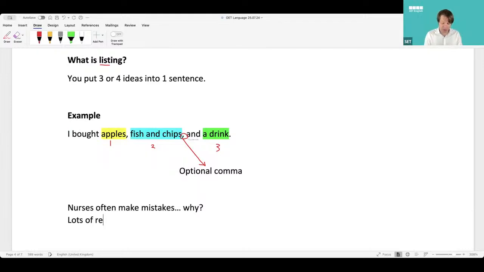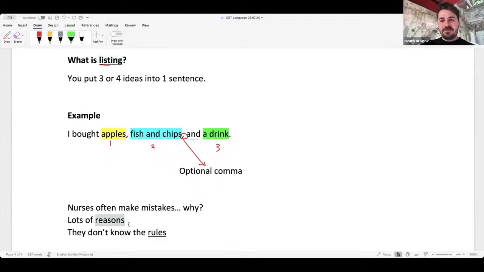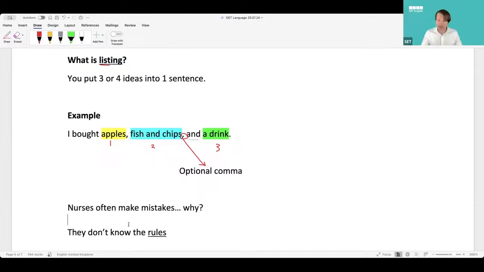There's lots of reasons. One of the most important ones is they don't know the rules. There are some rules for listing, and you don't study this in school, right? No one learns listing grammar in school, but I will teach you. Does that make sense, Ozan? Makes sense.